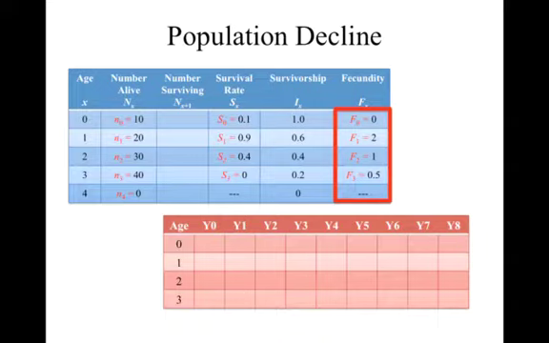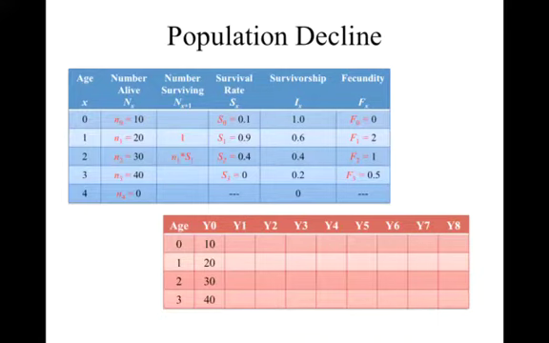So we're going to do everything exactly the same as we did before. We're going to predict the number 1 year later based on the number in the current year. So the number in the current year is that nx in the second column. And then we're going to predict the number 1 year later. Same kind of deal. The number of age 1 individuals is equal to the number of age 0 individuals now times the probability they survive.